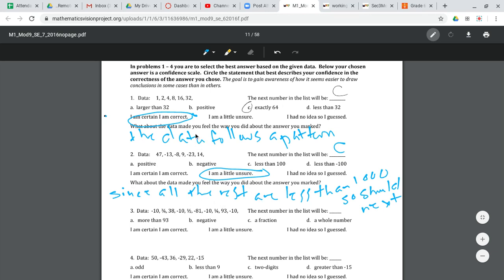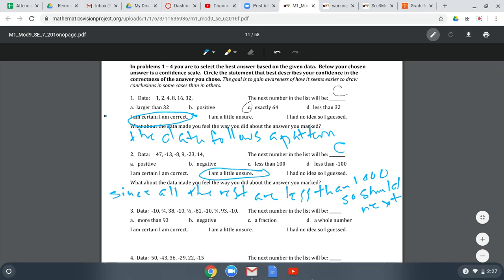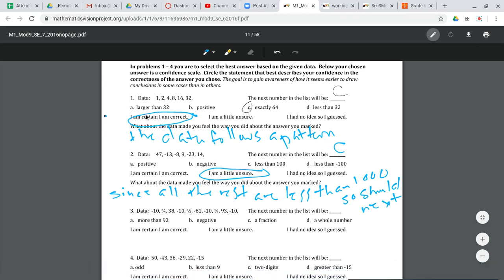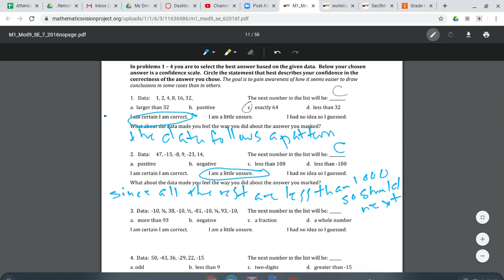So yes, I do want to see you have these circled. Whether you're certain, a little unsure, or you had no idea so you guessed, don't worry. As long as you have one of them circled, you're going to get points for it. But I want to see how confident you are, or if you really did just guess on an answer.